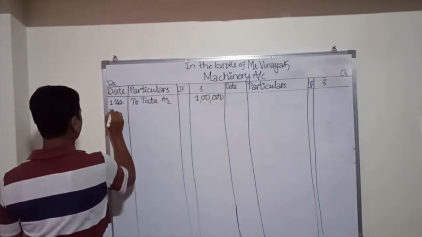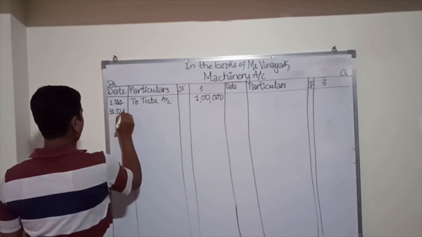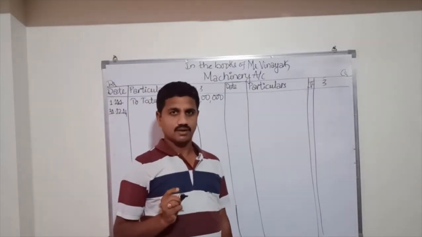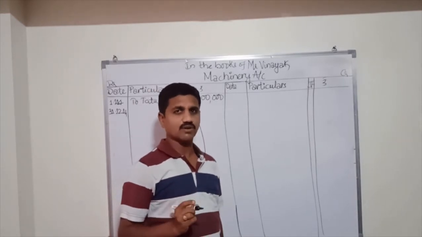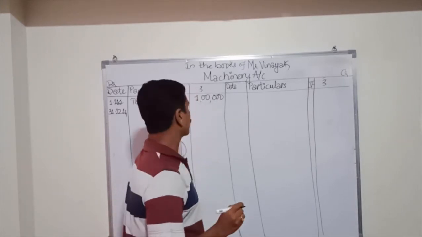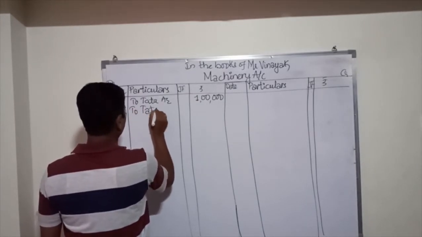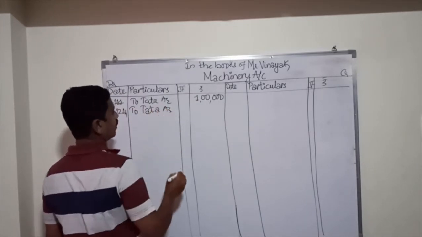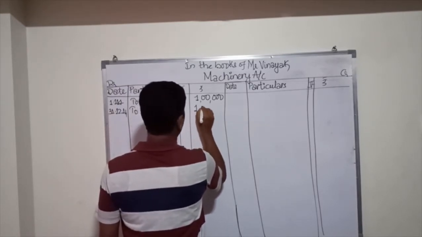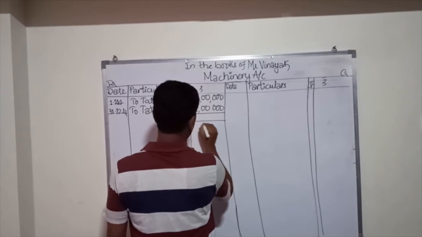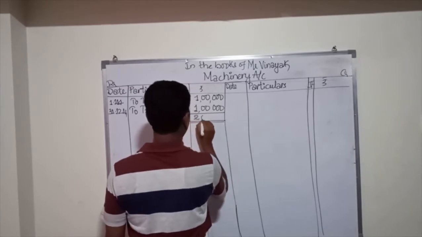On 31st December, the first installment becomes due for payment. Then it will be machinery account debit, interest account debit to Tata Limited. So we should take only the principal sum. So let's do the totaling here. It is 2 lakhs here.